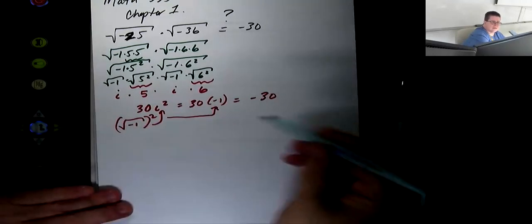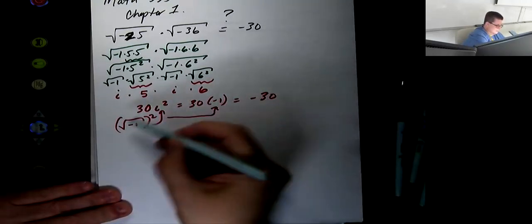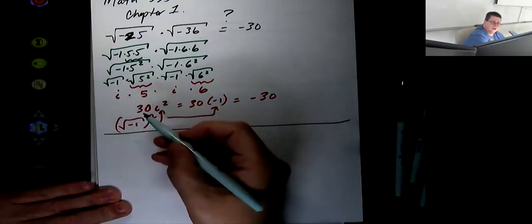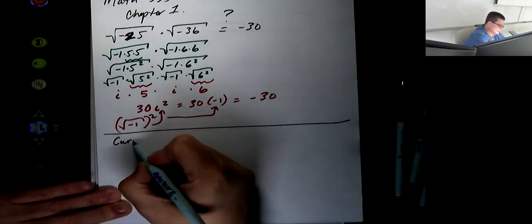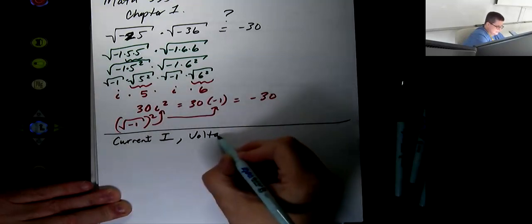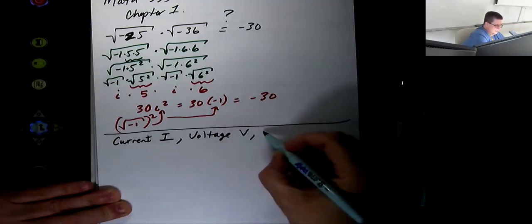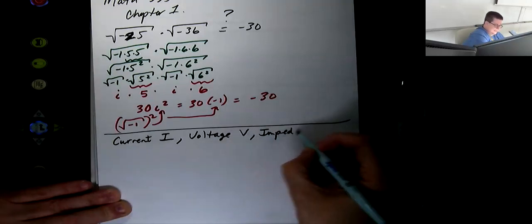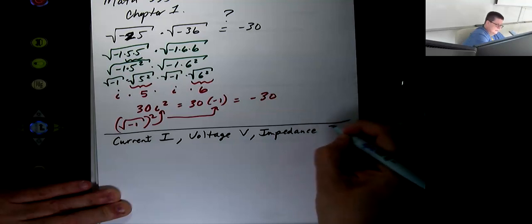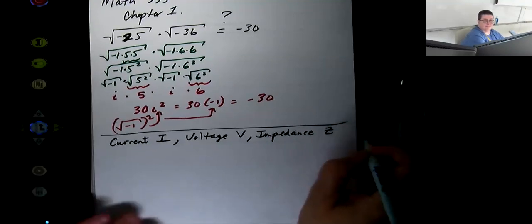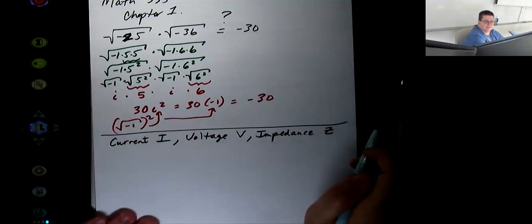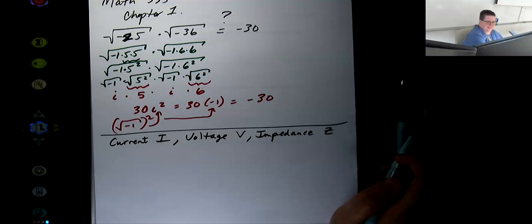Okay, so we're working on the relationship between current, voltage, and impedance. Current is I, voltage is V, and impedance is Z. Why does it have E and Z?